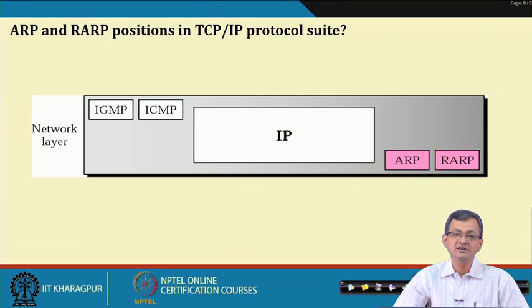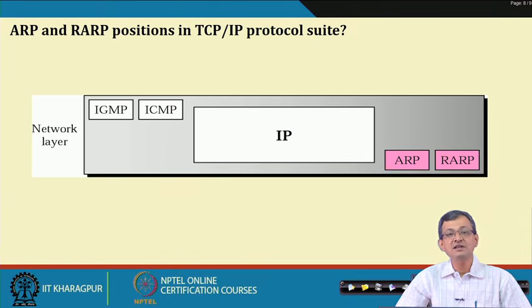Now, as we are discussing the TCP/IP protocol suite, where do ARP and RARP sit, right. One way of looking at it is that they are the interface between IP and your MAC layer or data link layer. Why this?